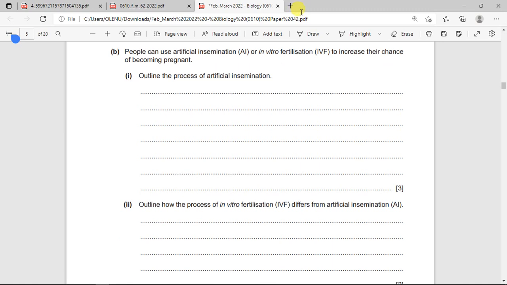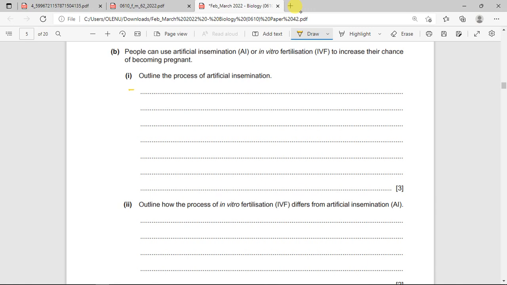Now, this next question is, they said people can use artificial insemination, that's AI, or in vitro fertilization to increase their chances of becoming pregnant. Outline the process of artificial insemination. You should just write an outline of it.